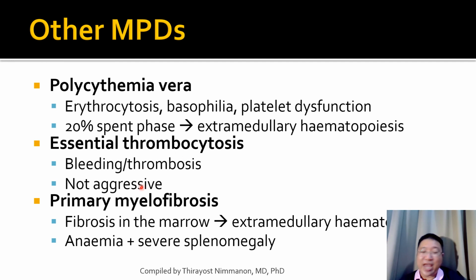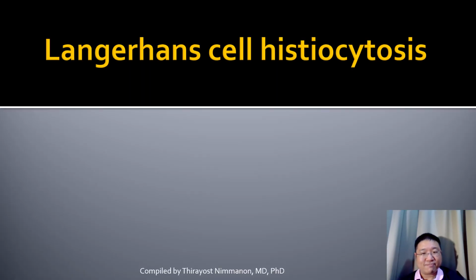It is not quite aggressive, but the complications from bleeding and thrombosis may be fatal. And primary myelofibrosis, there is fibrosis in the bone marrow, so there is large extramedullary hematopoiesis. So the clinical picture is anemia with severe splenomegaly.